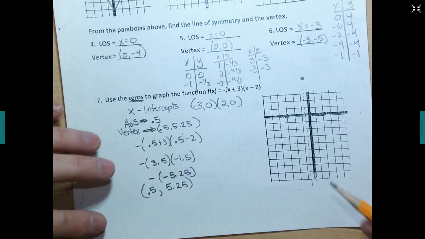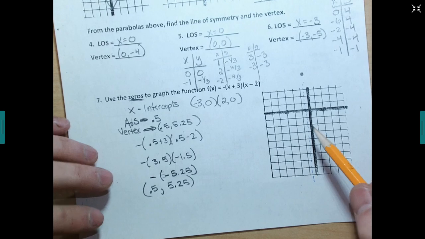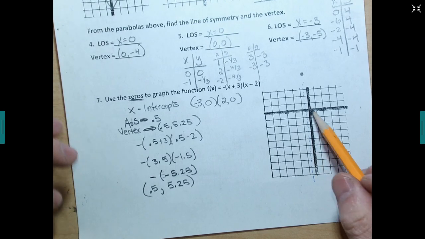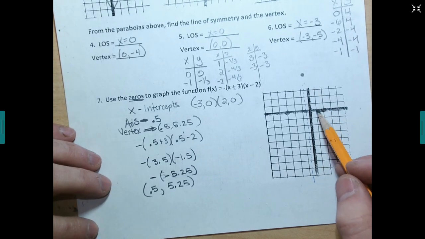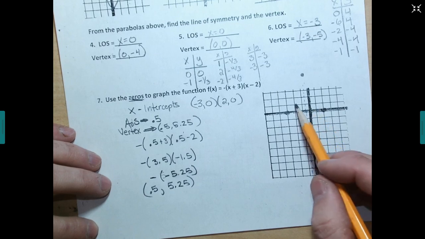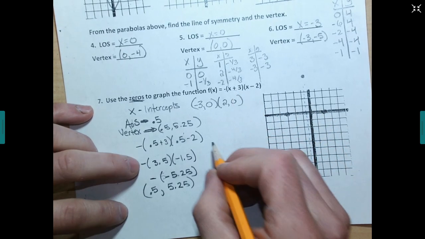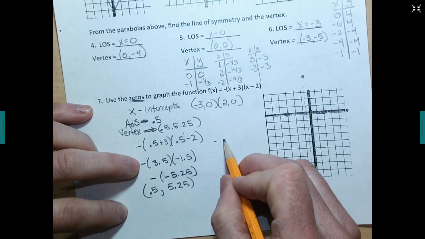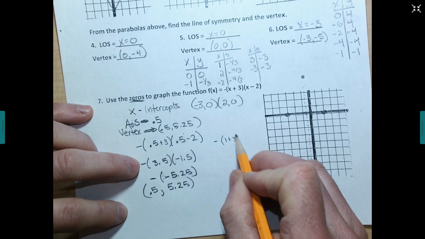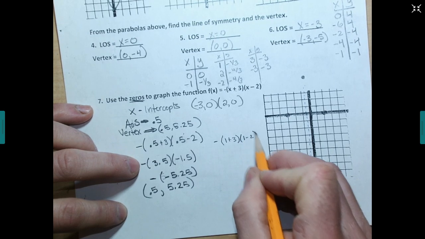Now, that's actually enough information to plot it, so I can go ahead and plot it. Just because I want to be more specific, I'm going to plot 1. And then that'll give me my negative 2 also. So I have negative 1 plus 3 times 1 minus 2.